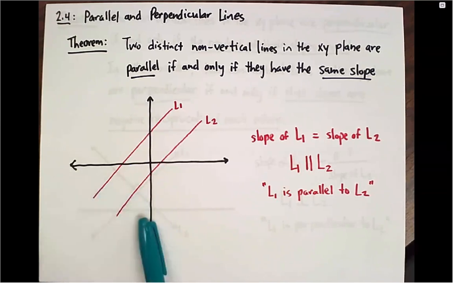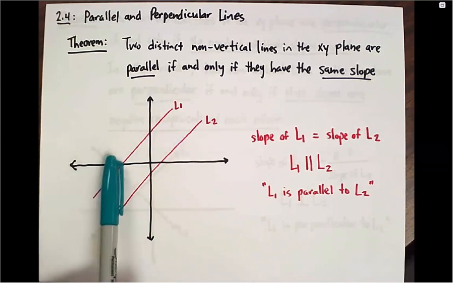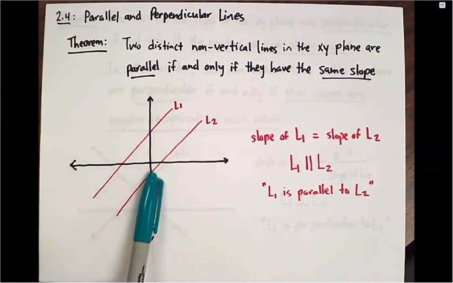For instance, L1 and L2 have the same slope. They never cross each other. Parallel lines never cross. The slope of this line is equal to the slope of this line.